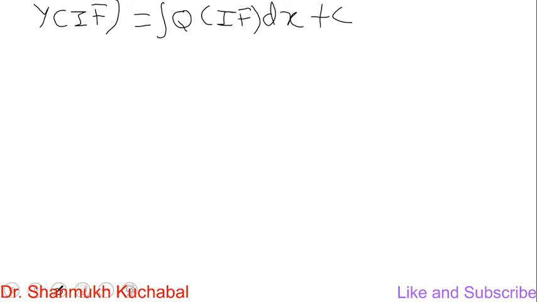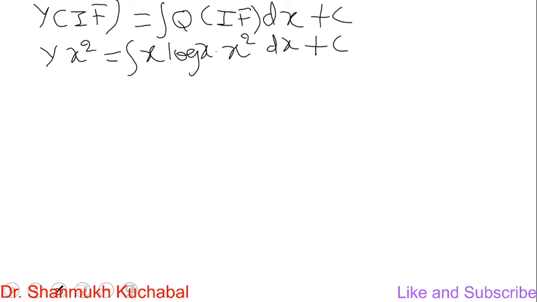So here y as it is, the integrating factor is x square, the integral of Q, which is x log x, times the integrating factor x square, dx, plus c. Further we will simplify this: y into x square equals the integration of log x into x cube dx plus c.